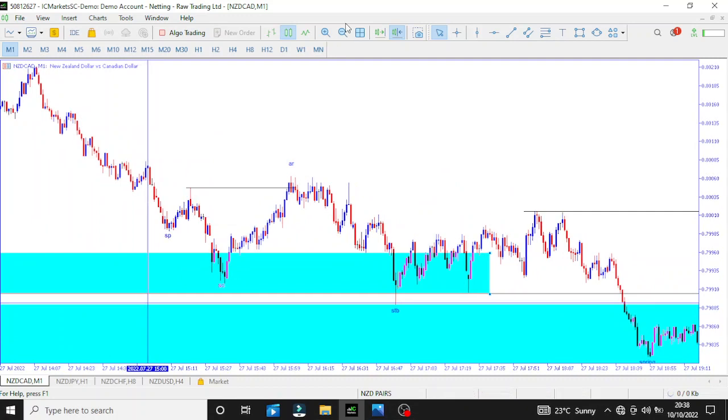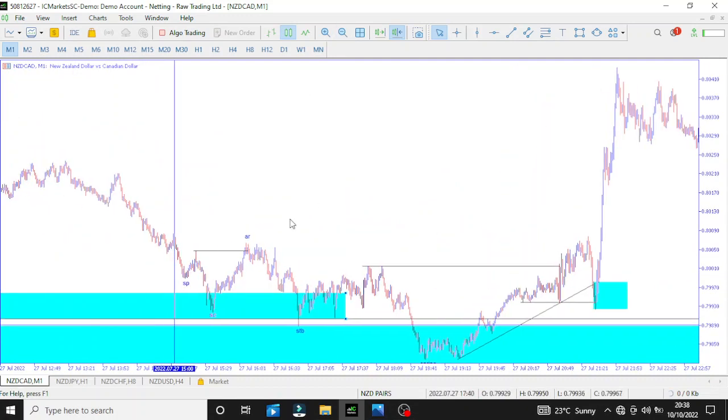New York session opened, manipulated this lower high and went on also to manipulate this lower low. It took upside liquidity and took downside liquidity, and the liquidity for the relative high time frame for this demand zone.